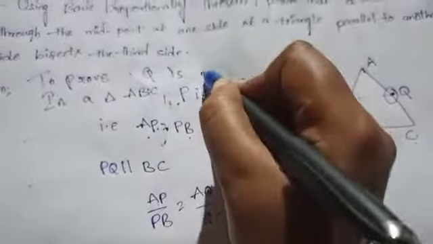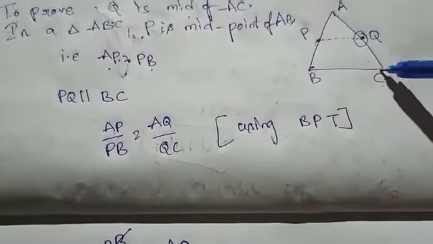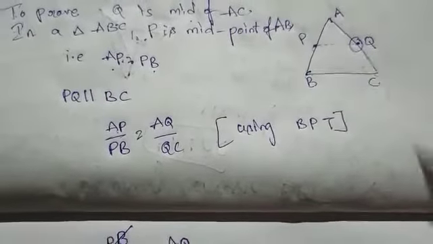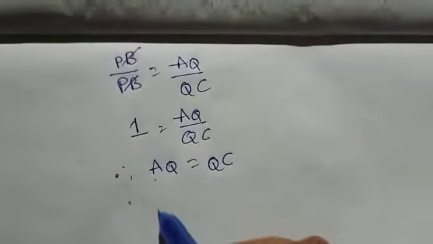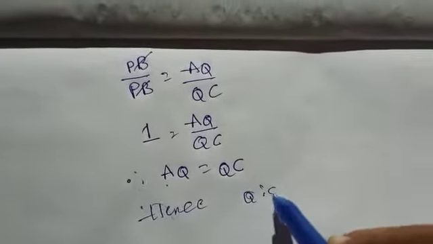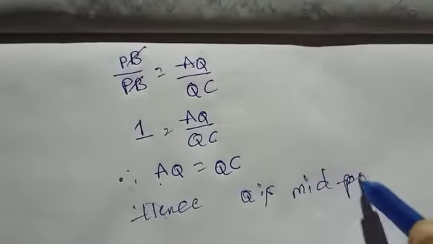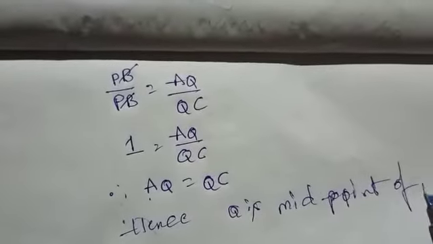Here AQ equal to QC. It means Q is the midpoint of AC. Hence, Q is the midpoint of AC.